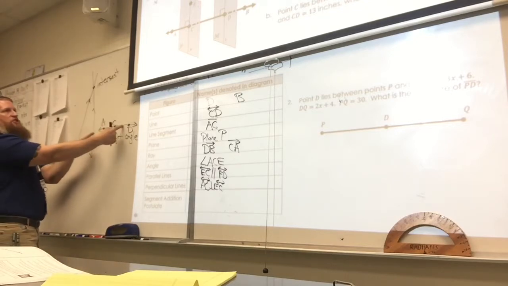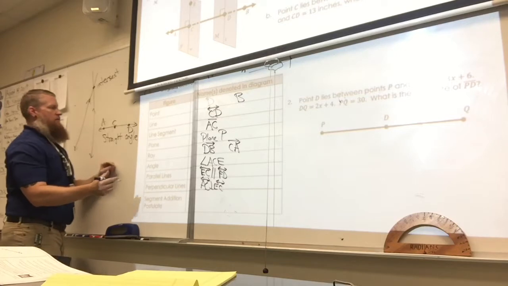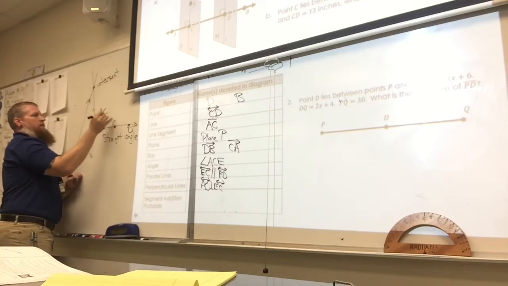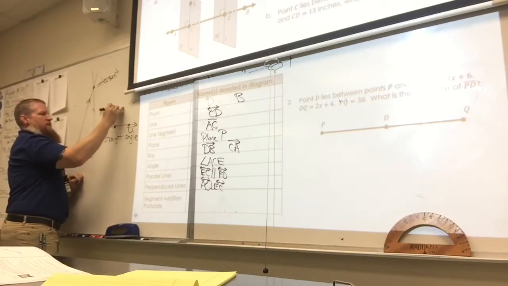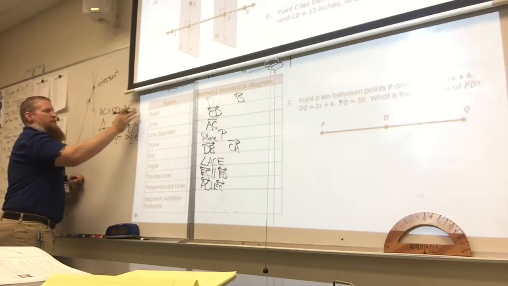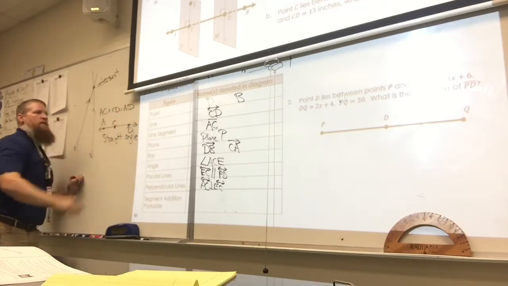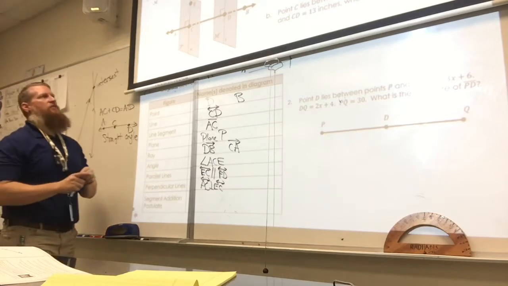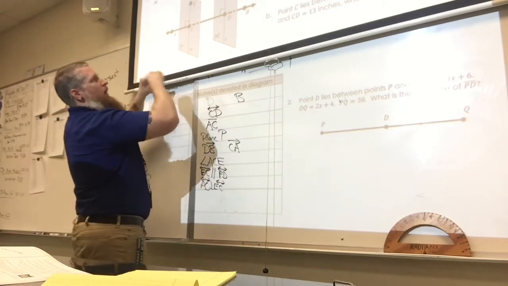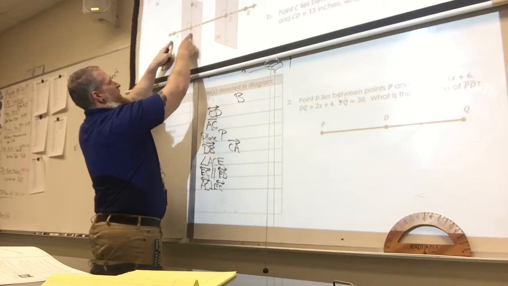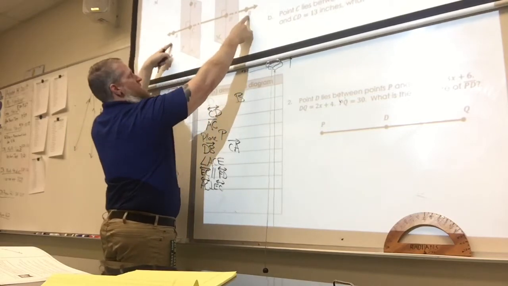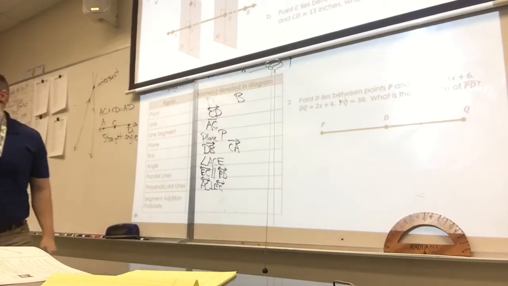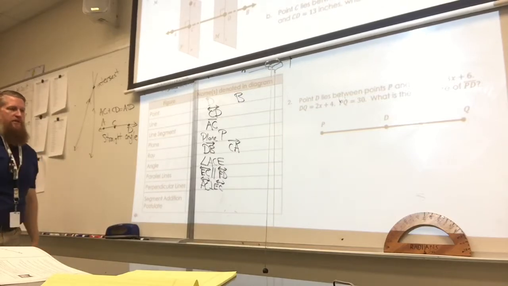If you just took this chunk up there, ACD, and did AC plus CD equals AD. Oops, that's a C. D, and that'd be fine. Any chunk that has 3 points, you could use. Like you could use AC plus CB equals AB, and so on. Okay? There's a few different options there.